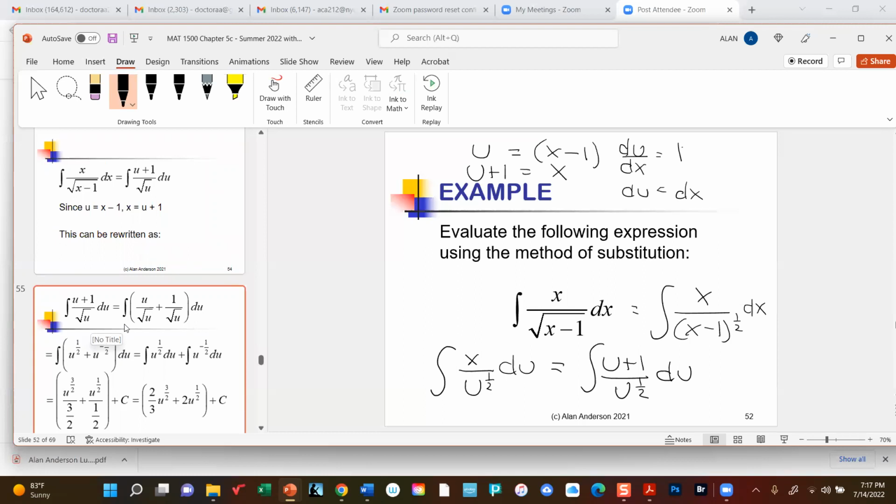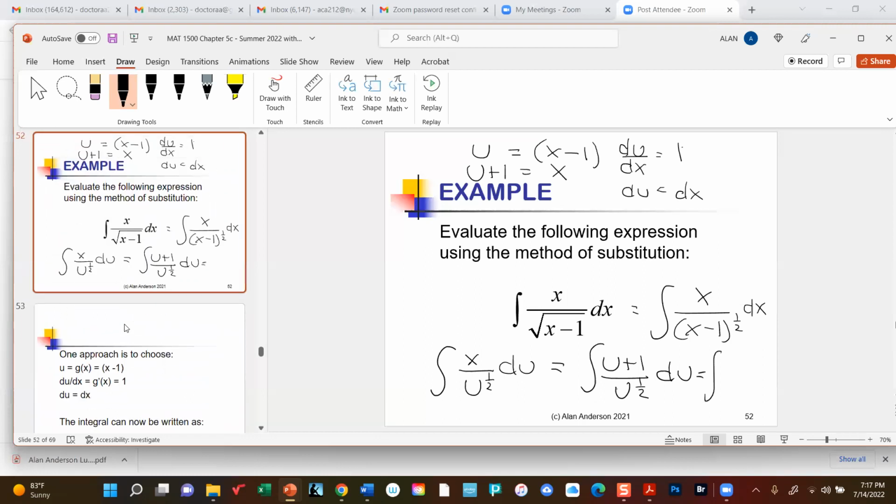Okay, so what we're going to do is rewrite this as, actually, I don't have anywhere near enough space for this.